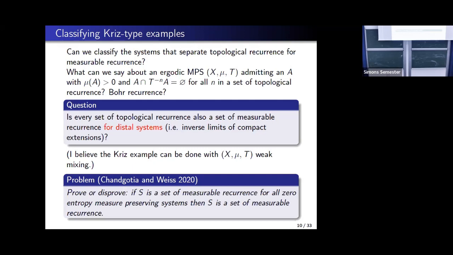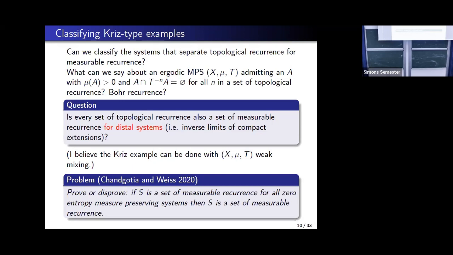In other words, can you do the Kriz example where the non-measurable recurrence is realized by, say, a distal system or by a weak mixing system? Seems kind of likely that if you have a set of topological recurrence, it also has to be a set of recurrence for distal systems. But I'm pretty sure you can do the Kriz example with a weak mixing system. So you can find a set of topological recurrence, which is not a set of measurable recurrence for some weak mixing system.